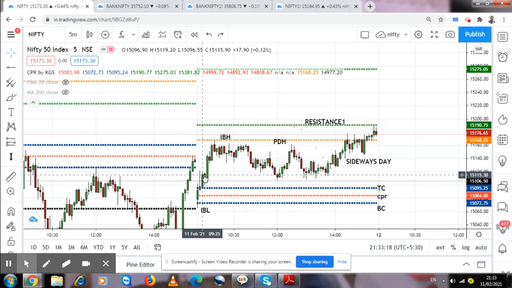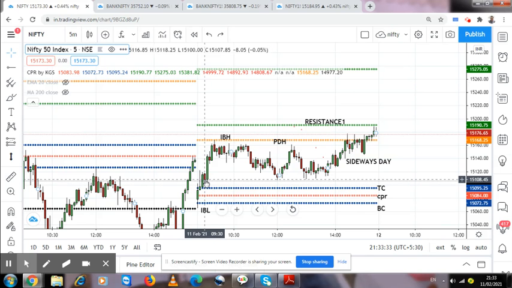But see here, this candle actually closed above the top CPR, then I was looking for a confirmation candle, but the second candle was a red candle, so I waited for this candle as well. And when this candle closed, by the time the price was 15,140.